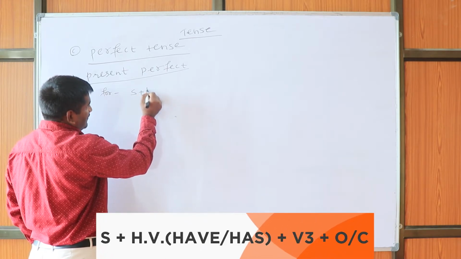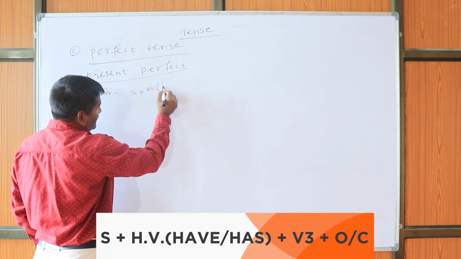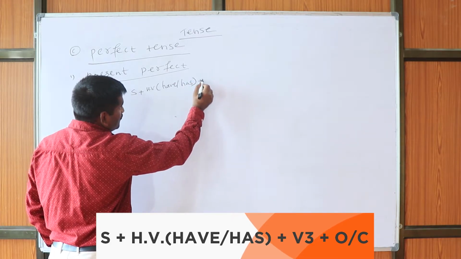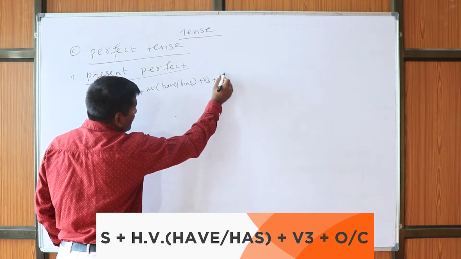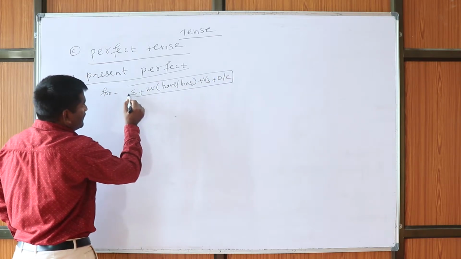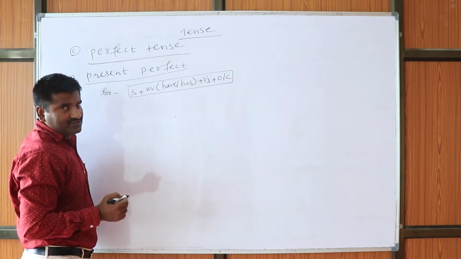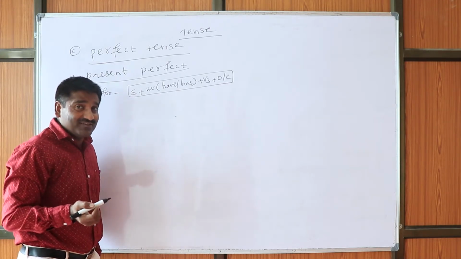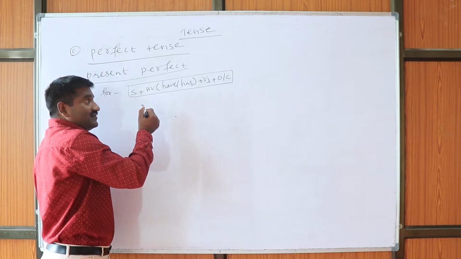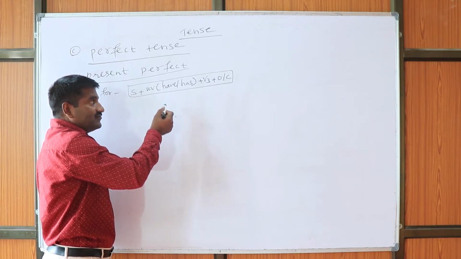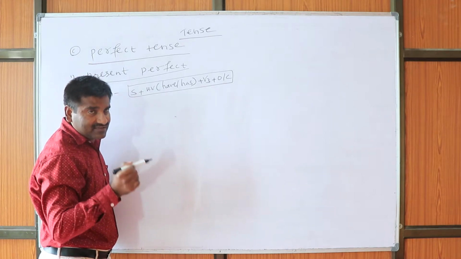S plus helping verbs (have/has) plus third form of the verb plus object/complement. This is the structure of present perfect tense. Right? So now we want to understand which subjects will match up with which helping verbs. That is very necessary.